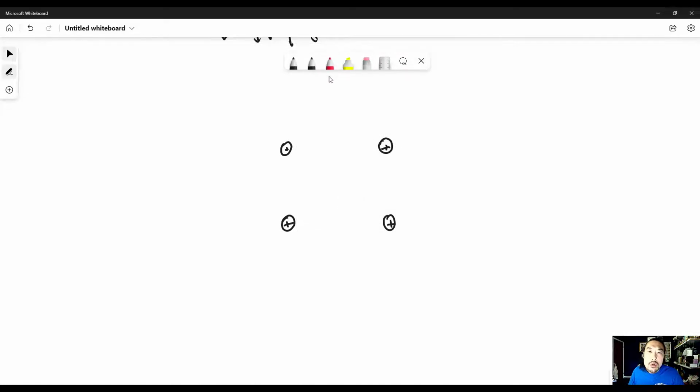So the question is, in order to create this configuration of charges, what is the electric potential of this four charge system if each side of the square has a distance of A?